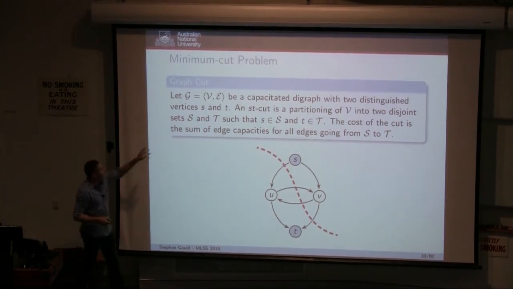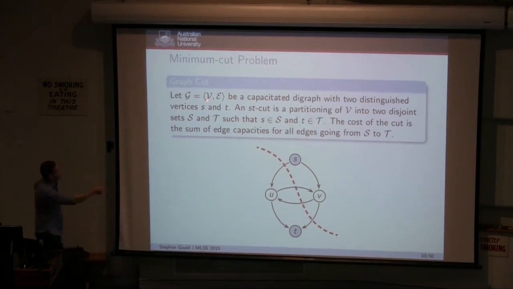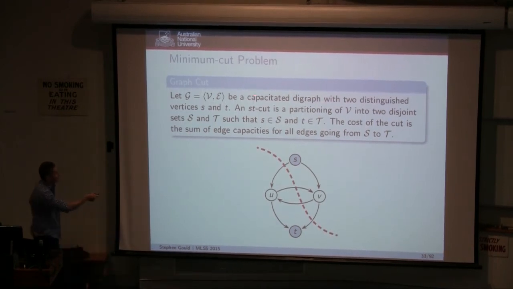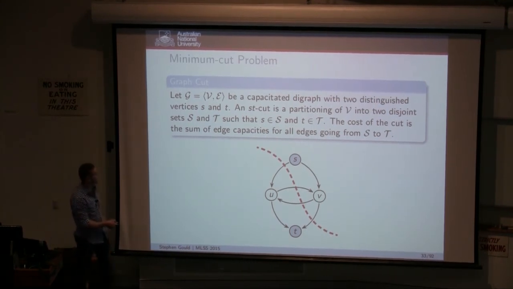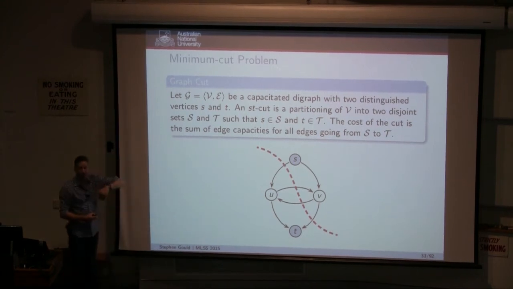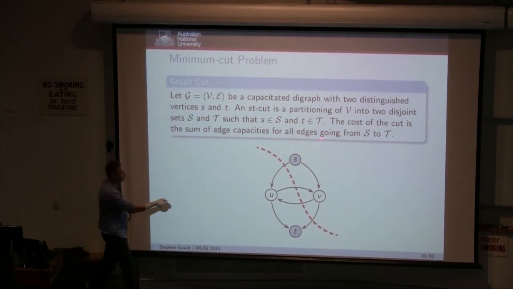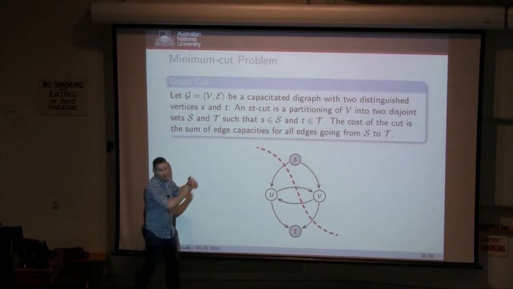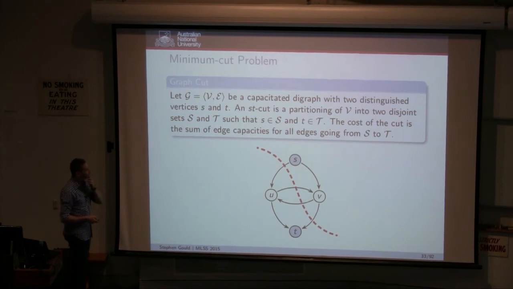So the graph cut algorithm says if we're given a graph defined on nodes V and edges E, which is capacitated, so all of the edges have a capacity or a weight associated with them, and 2 distinguished vertices, or nodes, S and T, then an ST cut is a partitioning of the nodes into an S set and a T set, where the node S has to be in the S set, the node T has to be in the T set, and all of the other nodes have to fall into one of those sets.